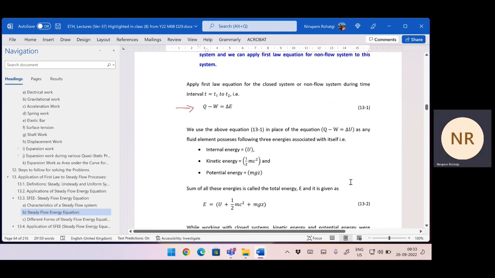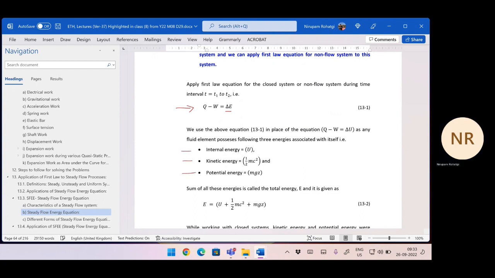This delta E is the total energy of the system. It has three components we have already talked about: the thermal internal energy, kinetic energy, and potential energy. So E will be equal to this.